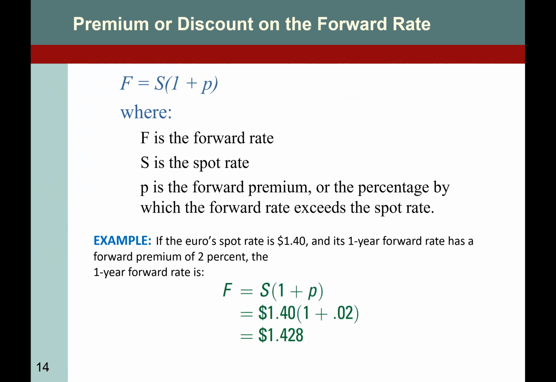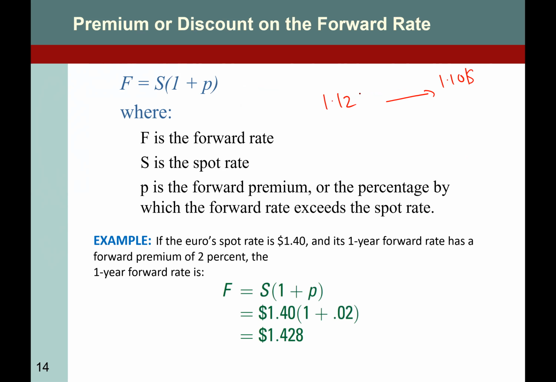Okay, now the premium or discount on the forward rate. Let's talk about that. So question is, in our previous example as well, the spot was 1.12 and forward was 1.10.